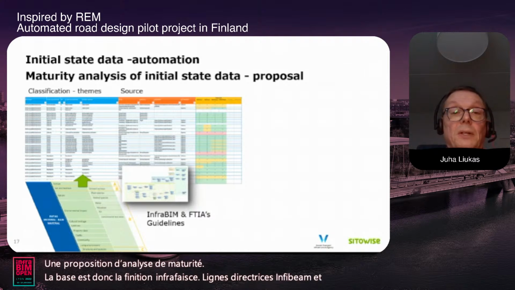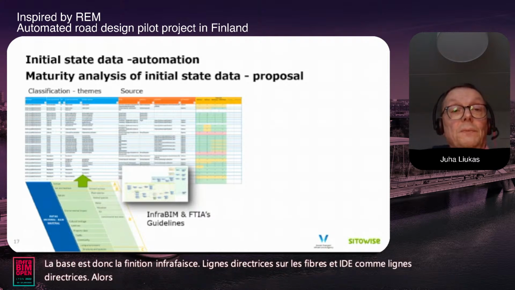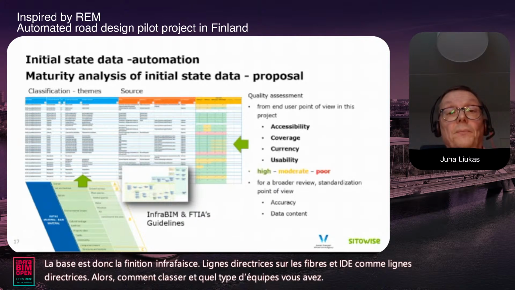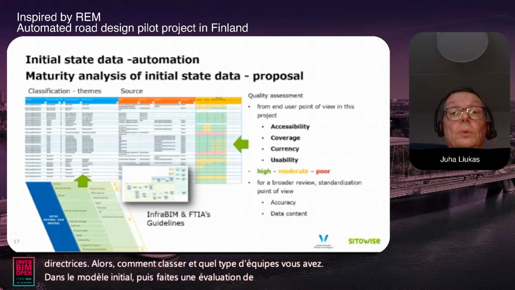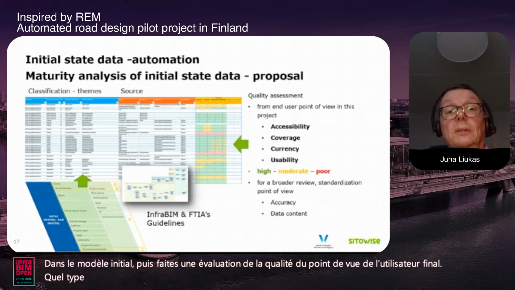So how to classify and what kind of themes you have in the initial model, and then make a quality assessment from the end user point of view. What kind of data you get: the accessibility, coverage, currency, and usability.